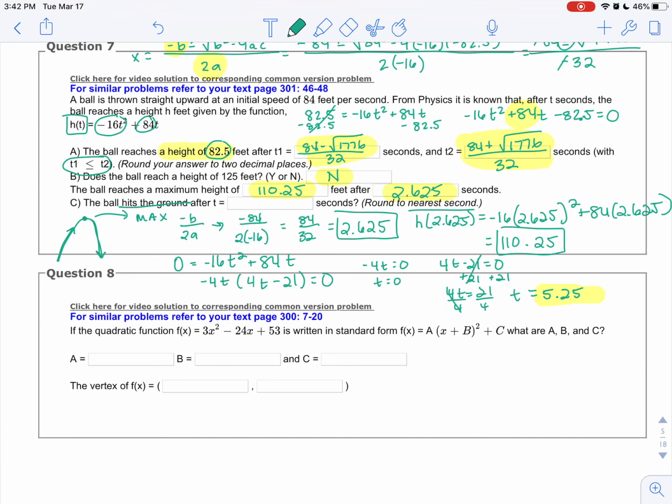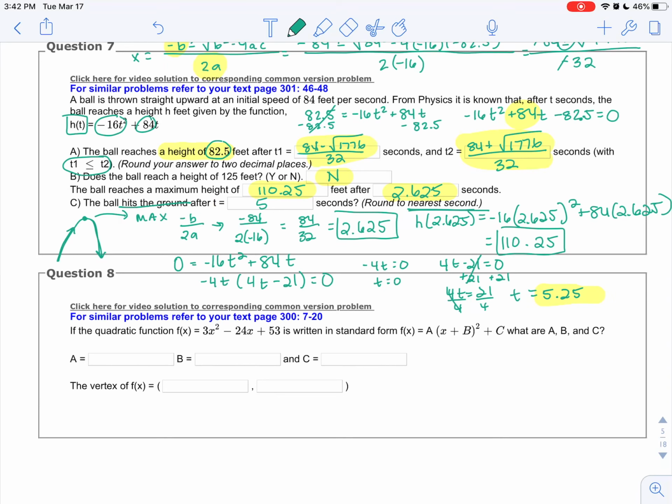So the ball will hit the ground after 5.25 seconds, and it says round to the nearest second, so I guess I'll say 5. We'll see if it takes that answer. Sometimes it tells you to do one thing and doesn't like it. Okay, it doesn't like that.